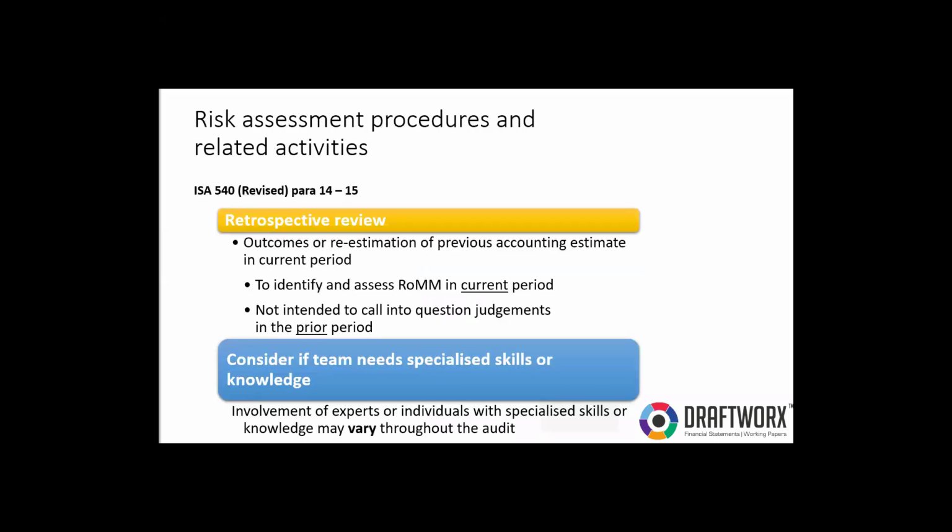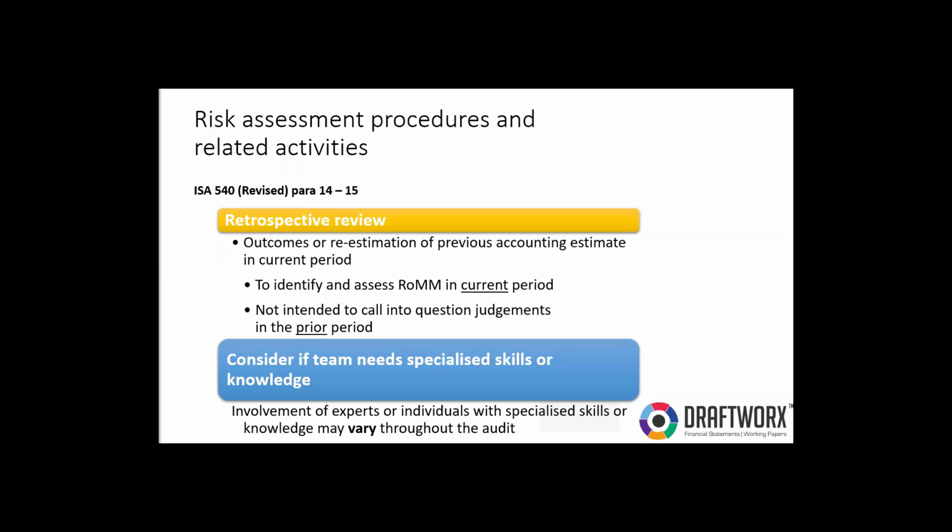Then, as we are doing this, ISA 540 revised specifically also requires that you don't only obtain a specific understanding of how the entity and its environment and its control relating to the estimates function and how it works, but you must also always perform a retrospective review.